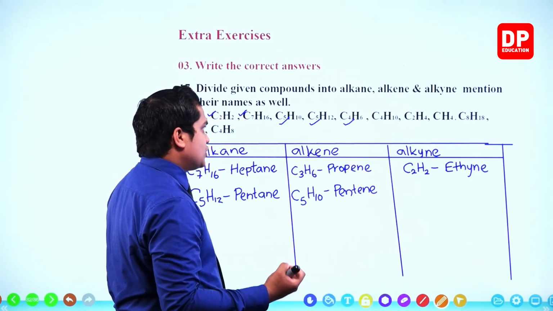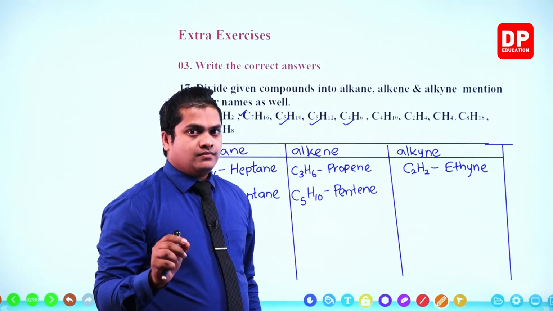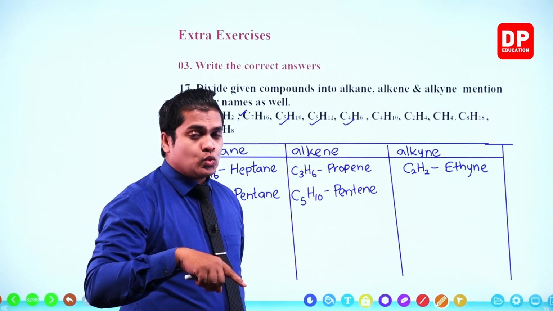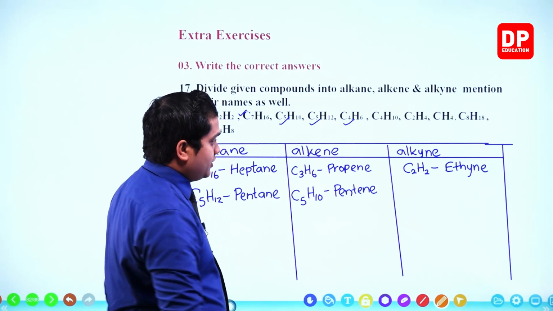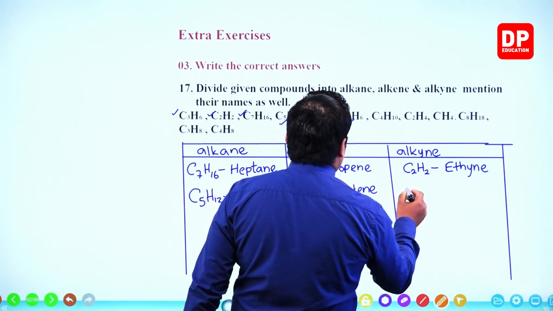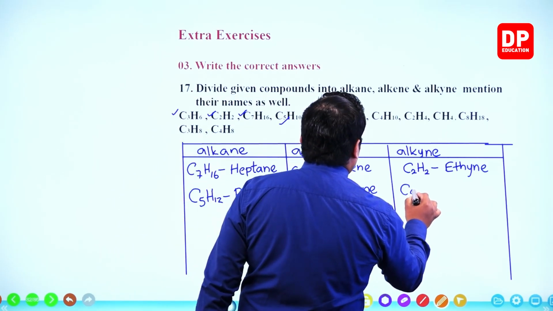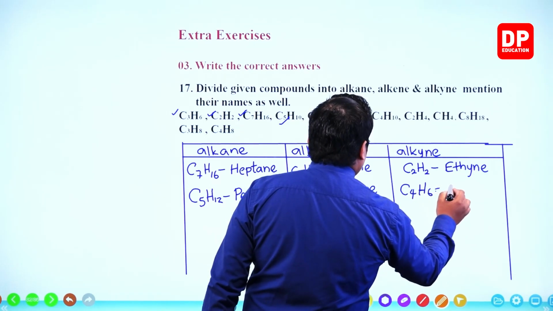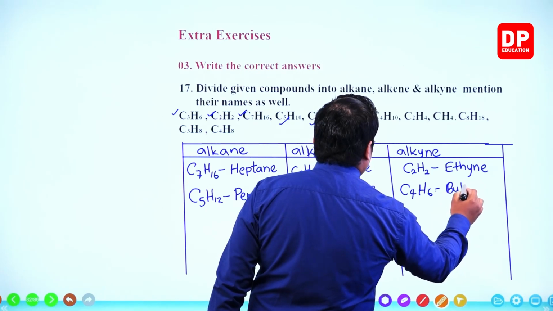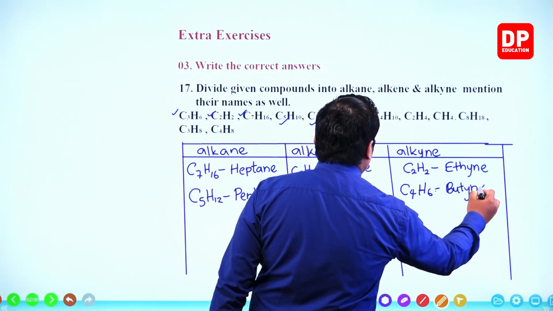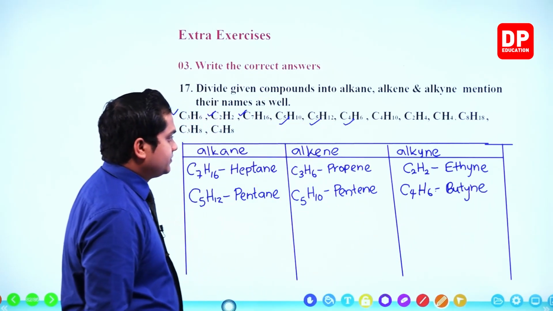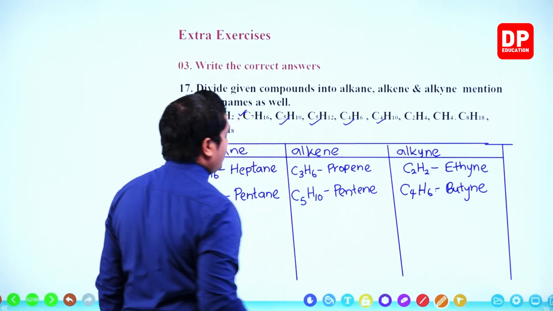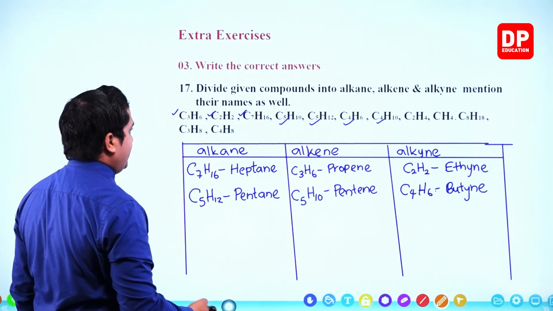C4H6. So C4H6. 4 times 2, 8 minus 2. That means 6. So it is an alkyne. C4H6, butyne. Right? Next one, C4H10, 4 times 2, 8, 8 plus 2, 10.